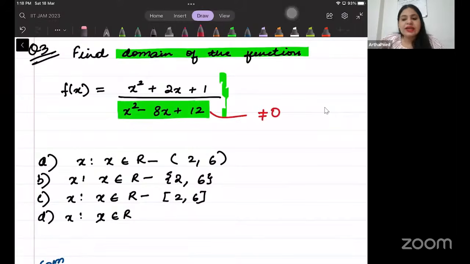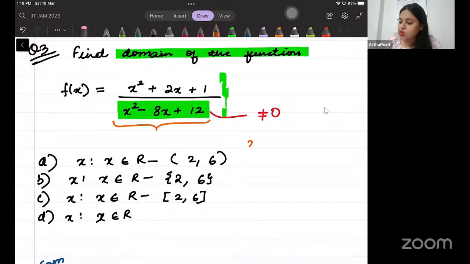So all that I have to go ahead and do is try to complete this. I can just use the completing the square method. I just want to factorize this, right? And I want to check what are those x's at which this denominator is 0. Just go ahead and do that.